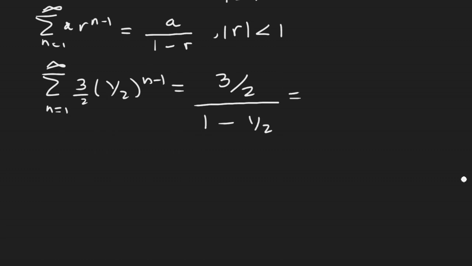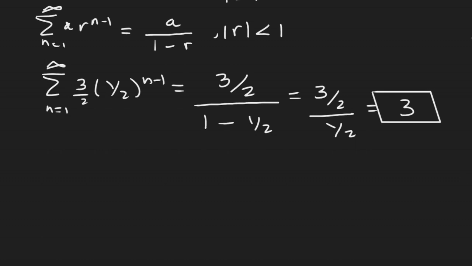This is going to be 3 halves over 1 half, which is equal to 3. So the value this series converges to is 3. It doesn't necessarily say that it's going to be 3, but it's going to approach it in actuality.